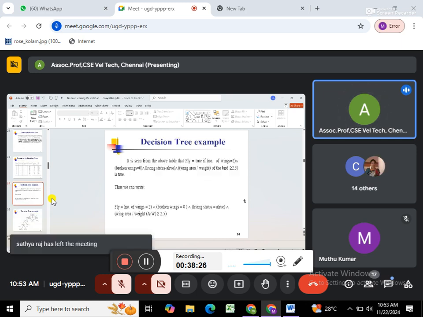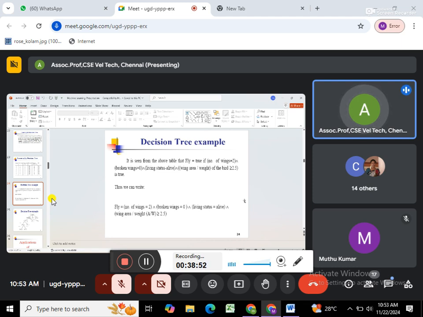Now, similarly, a decision tree example: it is seen from the above table that fly equals true when the number of wings is 2, and after that we have to check that broken wings equal 0. Any wing should not be broken, so the broken wings parameter should be 0.